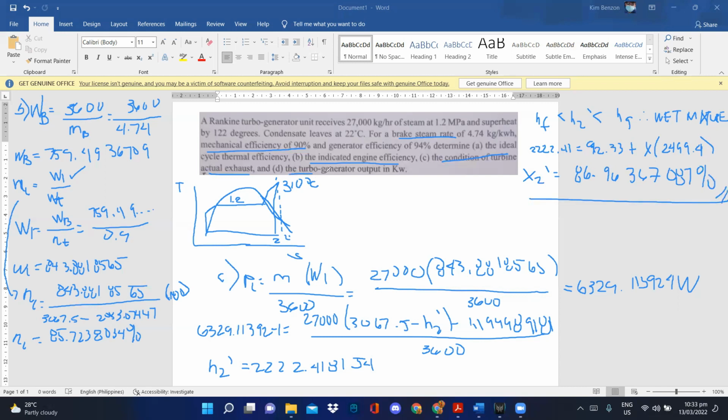And for the last, you have the turbo generator output in kilowatts.